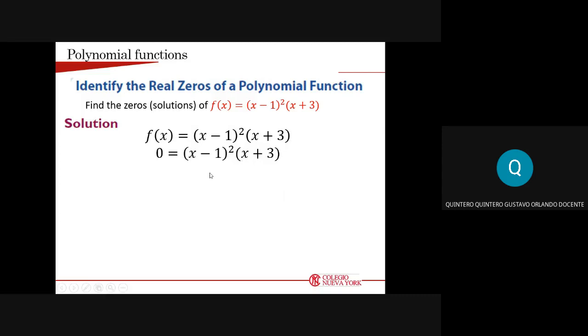Since we have two factors equal to 0, we can split these two: one factor equal to 0, and the other factor equal to 0. We did this when we were finding the roots of quadratic functions. Do you remember this?